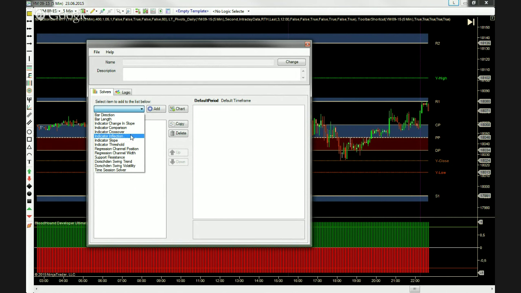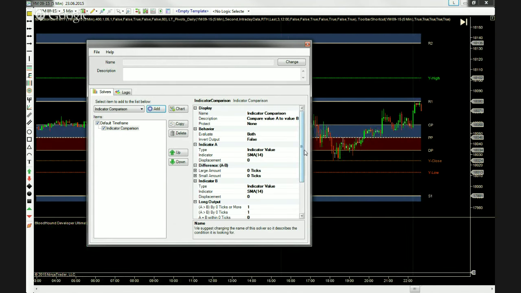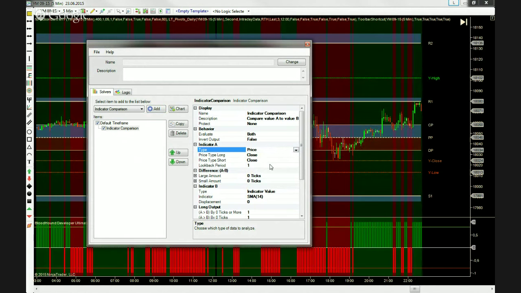So we will use the indicator comparison for that. We will add it. And we then have the opportunity to compare indicator A, which is going to be price, to indicator B, which is going to be the session pivot indicator.